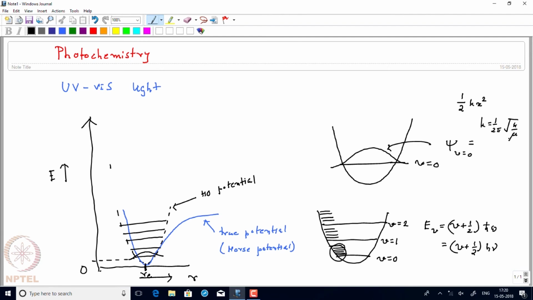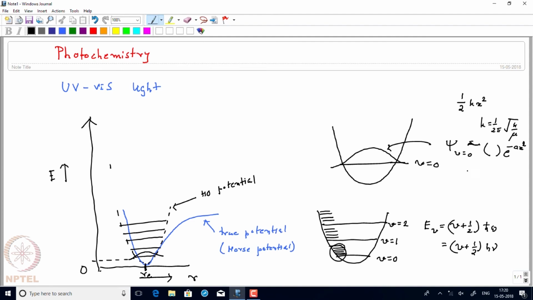If I write all these equations, you will see that this wave function will be of the form of a Gaussian wave function. It will go with some constant, which is the normalization constant, and then it will be e to the power minus a x square.